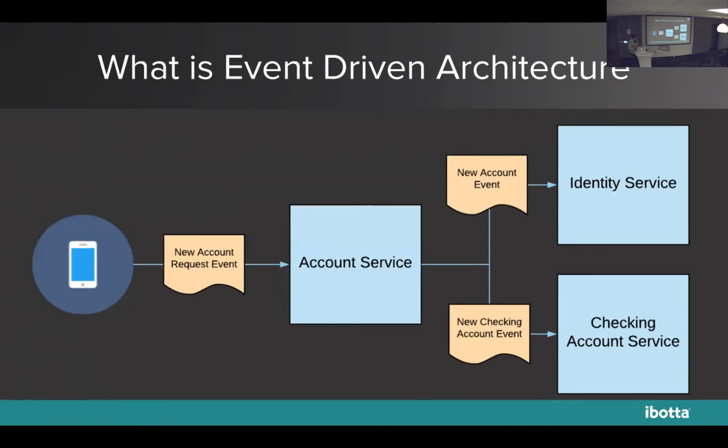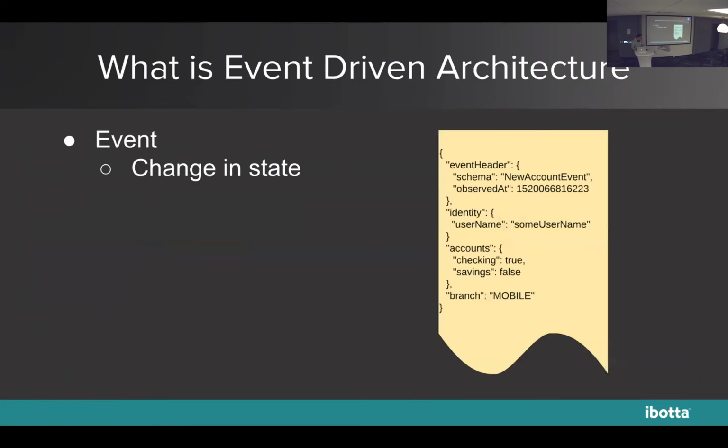It might create a new account event that goes to another service called an identity service that might have some credentials or anything like that. And then a new checking account event goes to the checking account service, which might provision the checking account on behalf of the user, right? This is just a simple example to get you up to speed.